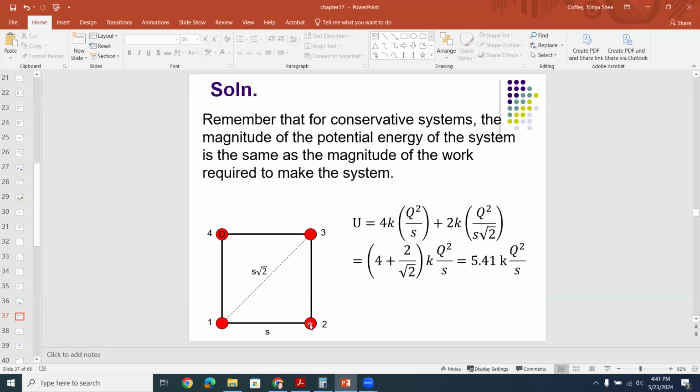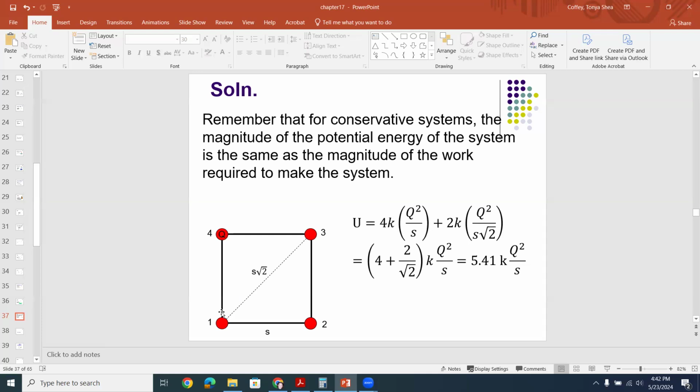So I can just multiply that times 4. So I've got 4 times kQ squared over S, because remember, it's kQ1Q2 over the distance in between the pair, right? So the distance between the pair is S, that goes in the denominator. The charges are the same. Q1 times Q2 in this case is just big Q squared, and then times k. And then there's 4 pairs like that. So that's where that comes from.